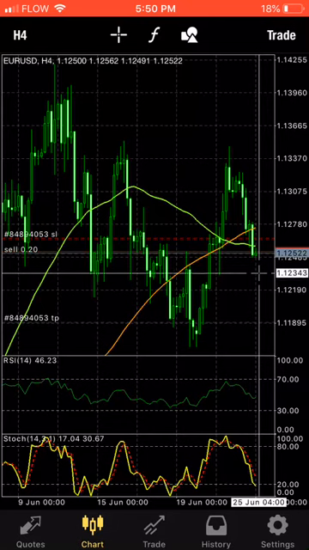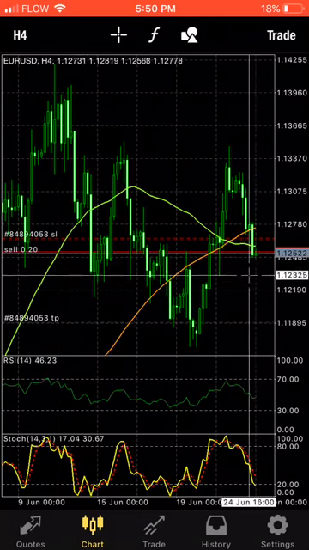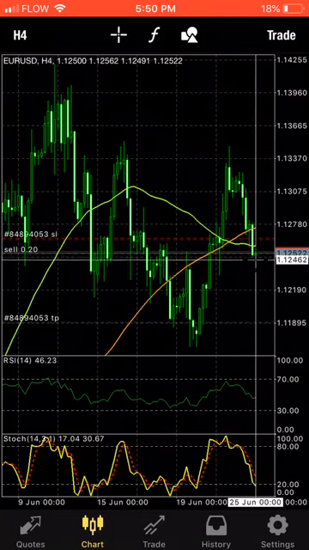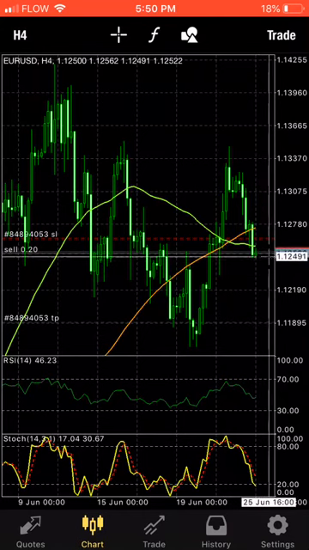As a general rule of thumb, I don't think you should risk more than 2% of your account on every trade. I don't think you should risk more than maybe 3% at the most.